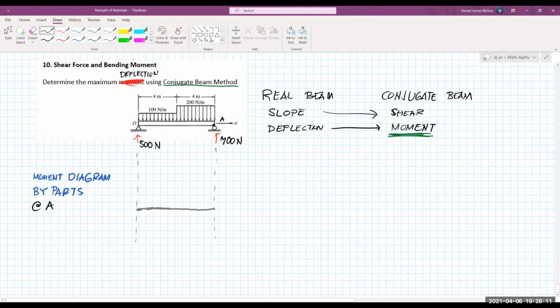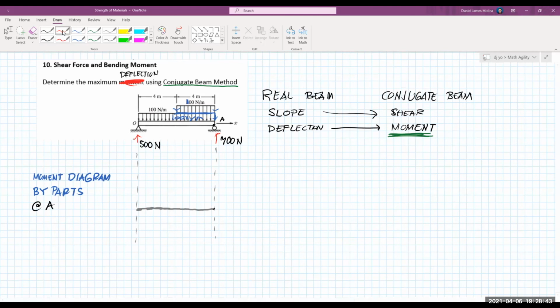So our pivot point will be at point A. We have to extend, of course, the 100 Newton per meter load again so that it will touch the rightmost point. So we have a 100 Newton per meter load here, and then another 100 Newton per meter load here, so that it will be easier to draw our moment diagram by parts.